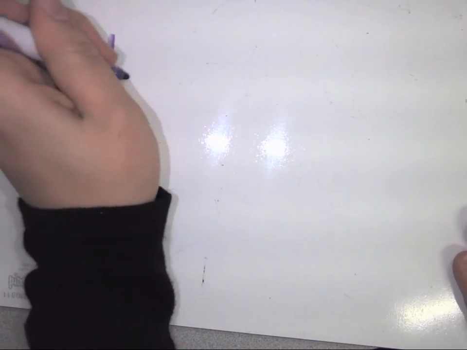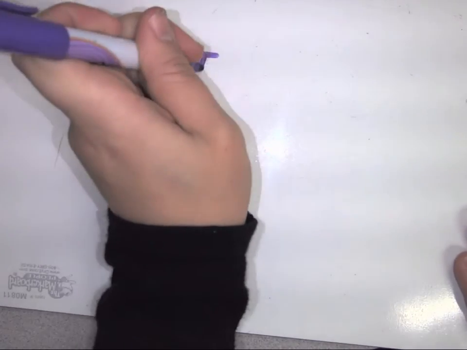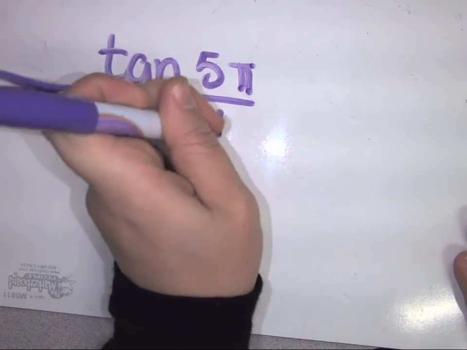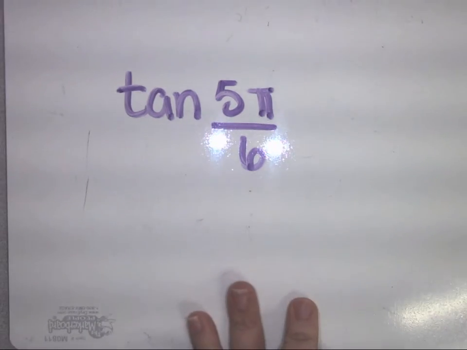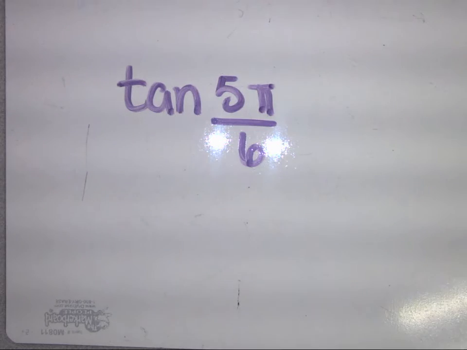Okay, we're gonna do a radian one. We'll start with an easy one. Tangent at 5 pi over 6. Now, the cool thing about the radians is they are a dead giveaway of which ones they are, because the denominator tells you which one they are.